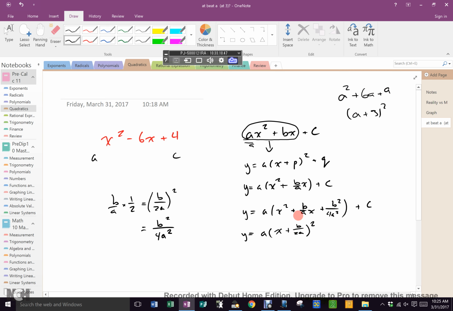Now, all of you should be saying, why haven't you talked about any of this? I haven't, have I? But when I get to here, doesn't this look like this? So, B over 2A gets me what? What is P? It's the vertex formula, isn't it? Does everybody see that?